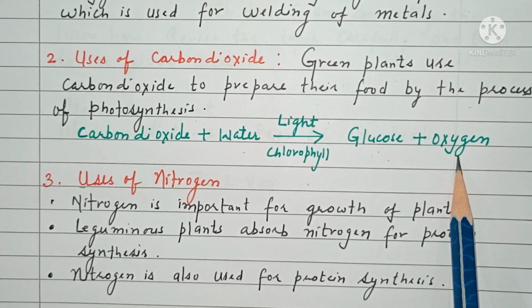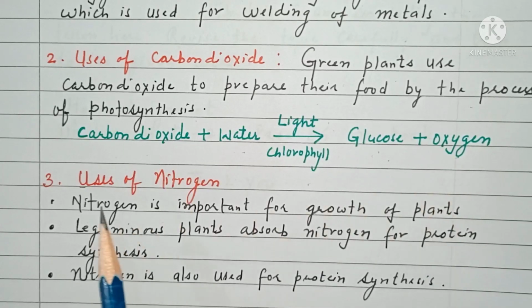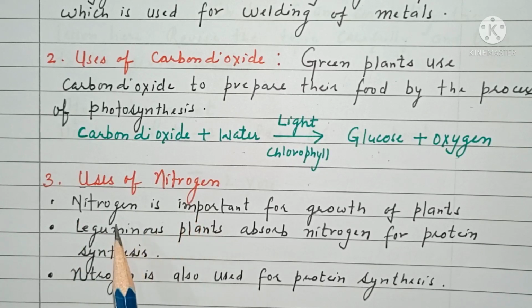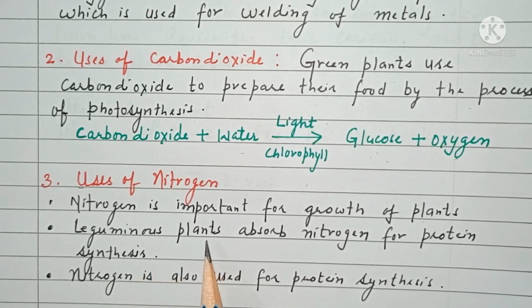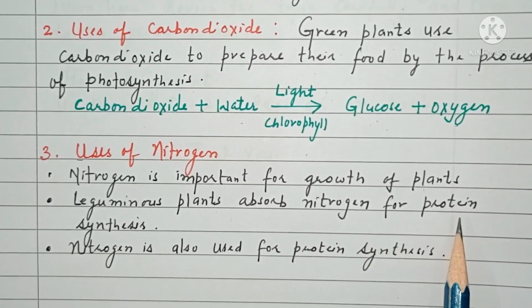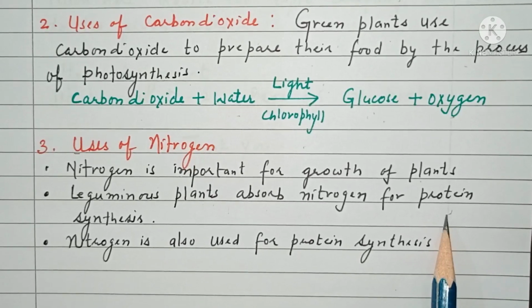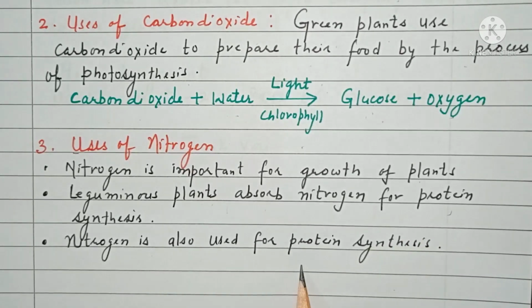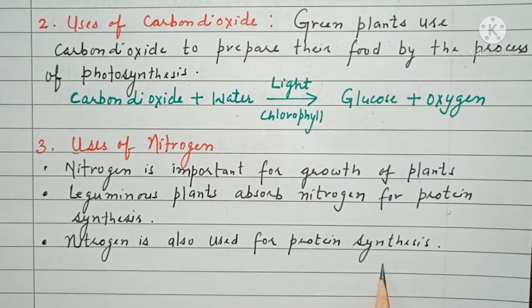And then nitrogen, which is most important for the growth of plants. Leguminous plants like pea and grams absorb nitrogen for protein synthesis. So, nitrogen is also used for protein synthesis.